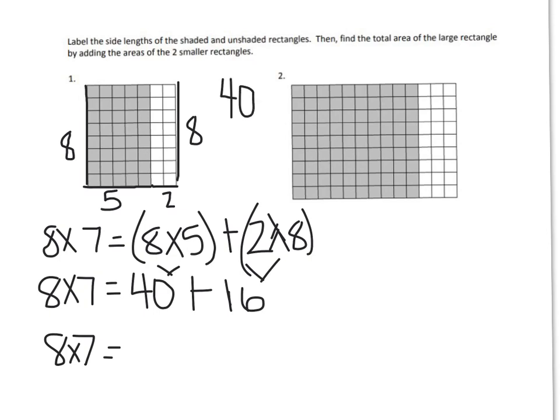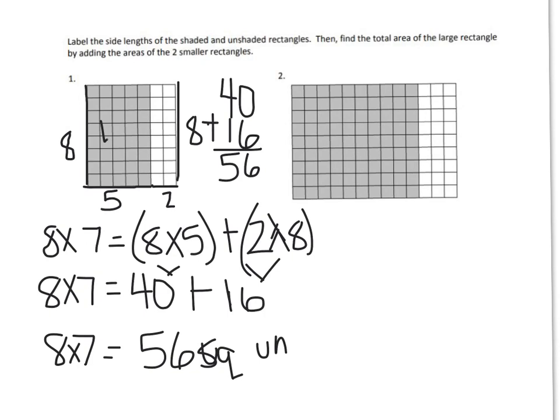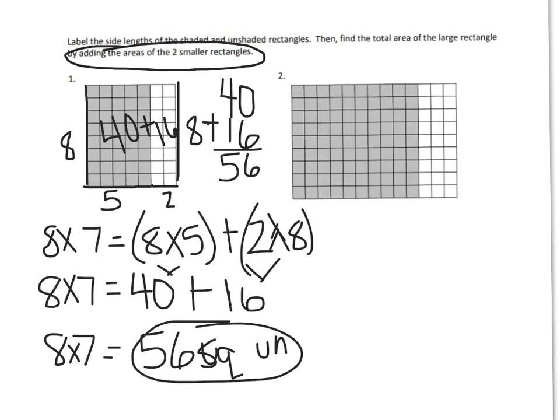So do that work off to the side. 40 plus 16, that's 56 square units. There's 40 units here and there's 16 units here. I added the areas of the 2 small rectangles together, 40 plus 16, to get my total 56 square units.